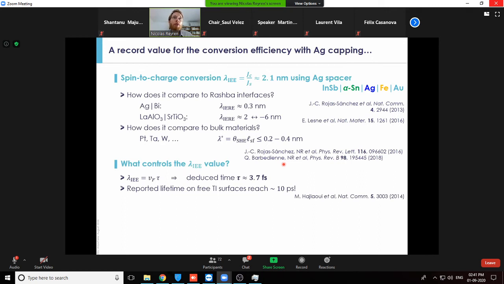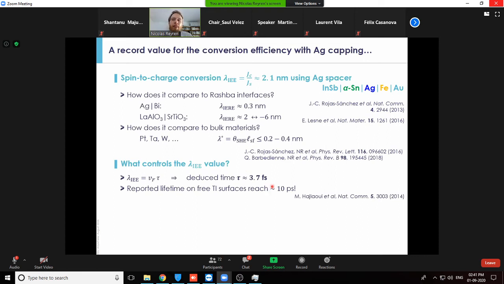Now, what controls this length? Can we go even higher? In principle, this length is just the Fermi velocity that we measure directly by ARPES times the carrier lifetime. And because we measure this length, we deduce a carrier lifetime of about 3.7 femtoseconds.